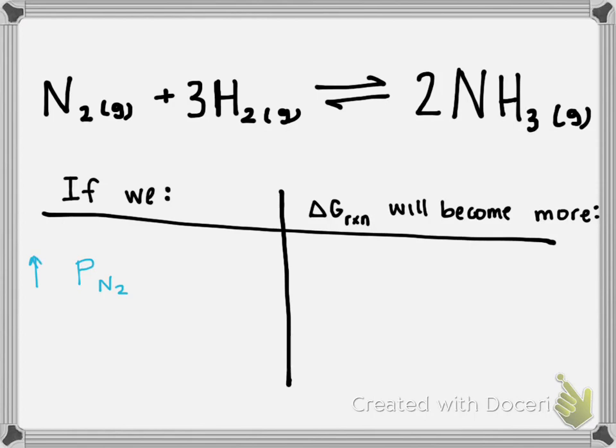So we add in more nitrogen, more N2. We know from LeChatelier's principle that if we add in more of our reactants, we're going to shift our equation to the right. And so that to the right is in the forward direction. So our delta G of the reaction will become negative. Because we're spontaneously going forward when we do that.